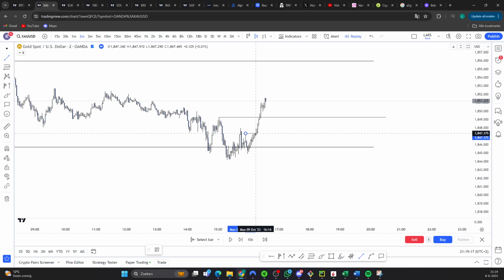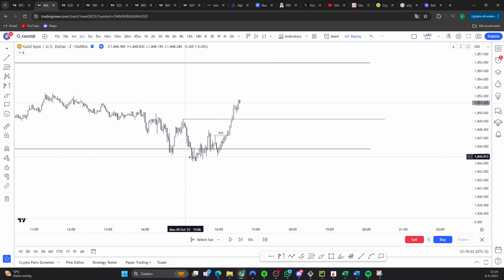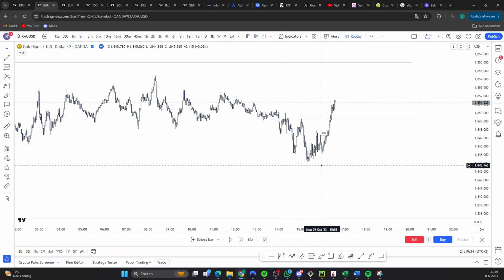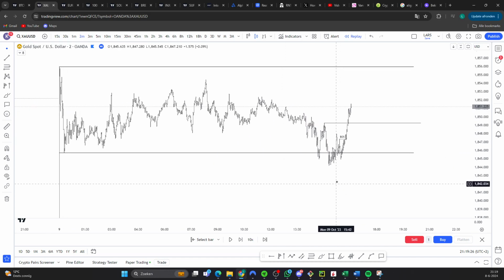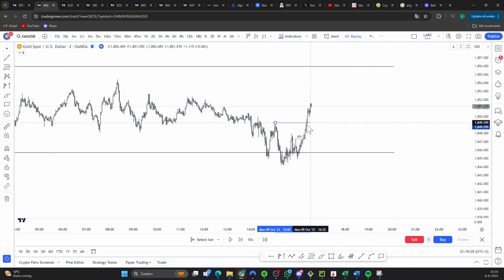Oh shit. My bad. Okay. This is a trade. This is for sure a trade.